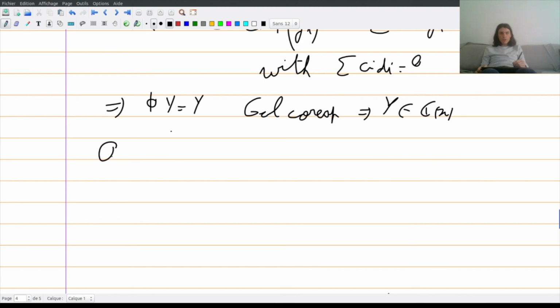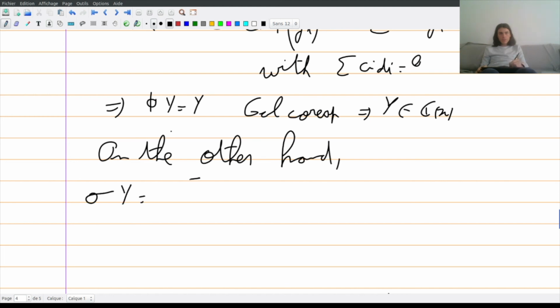On the other hand, sigma of y equals the sum of Ci sigma of g_i, so it equals the sum of Ci times g_{i-1} plus 1 over x.